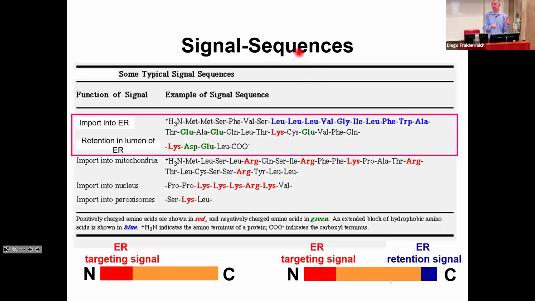So again, like with the mitochondrial protein import, it needs a signal sequence. So you see here also mitochondria with the positively charged amino acids. With the import into the ER, you will also find this more or less at the beginning of the protein.